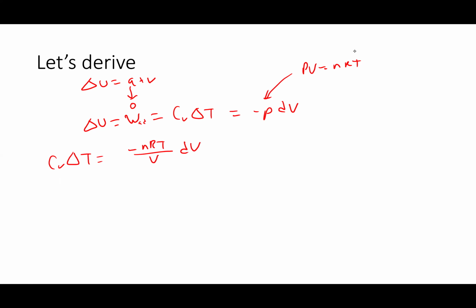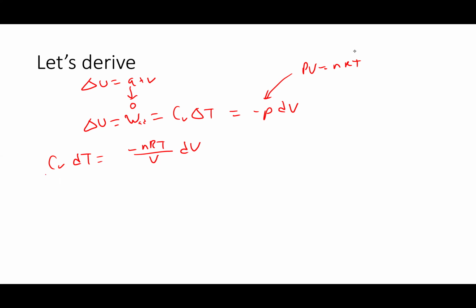And then we'll move the temperature over to the other side, because this side already has temperature. We'll change this to dT, to make it in the more proper form: if we have dV's, we'll keep dT's on the other side.